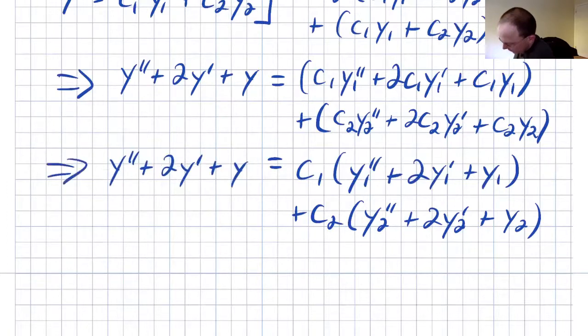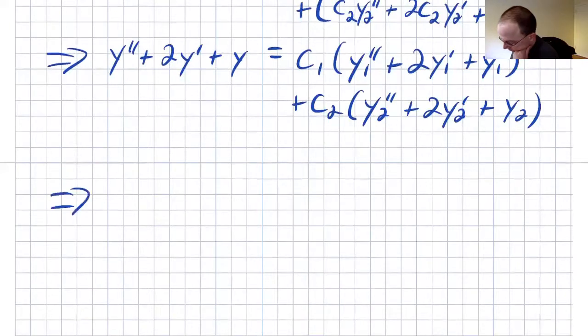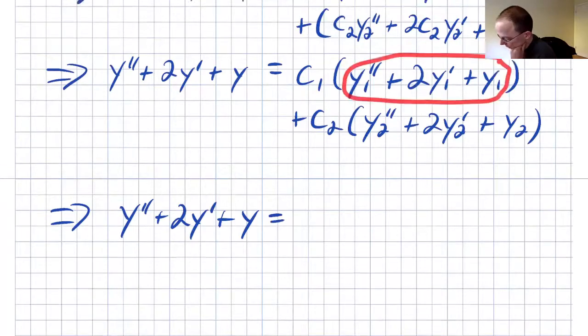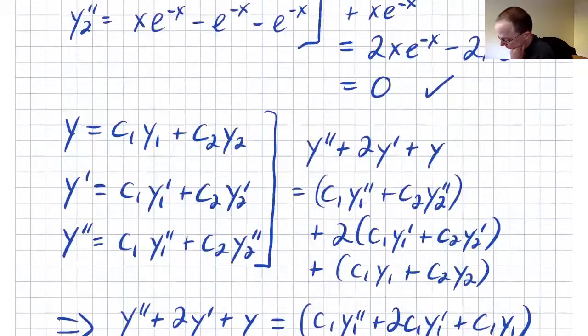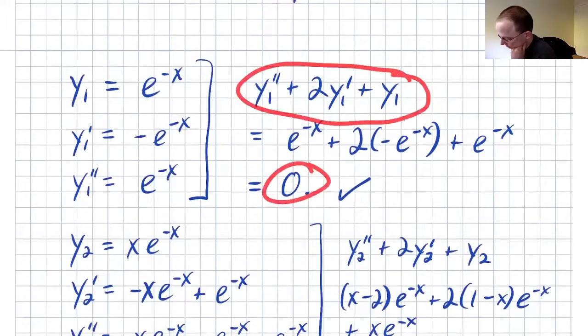So that implies we get this, and therefore, so what is this actually? We know what this is. I think we showed that this is equal to 0, right? So let's check that. Right here, yeah, that is equal to 0. So that we can put 0 there.